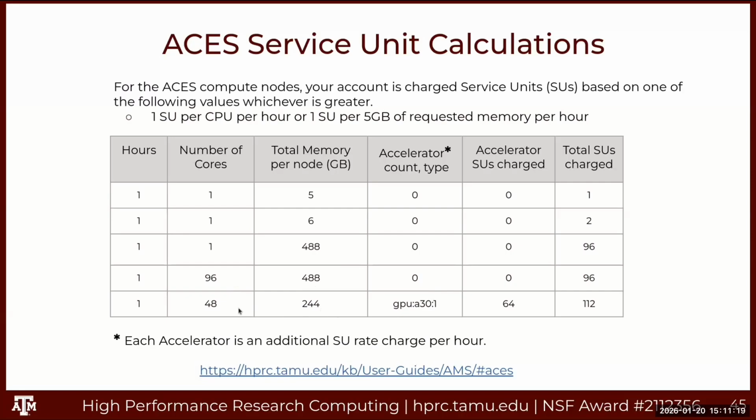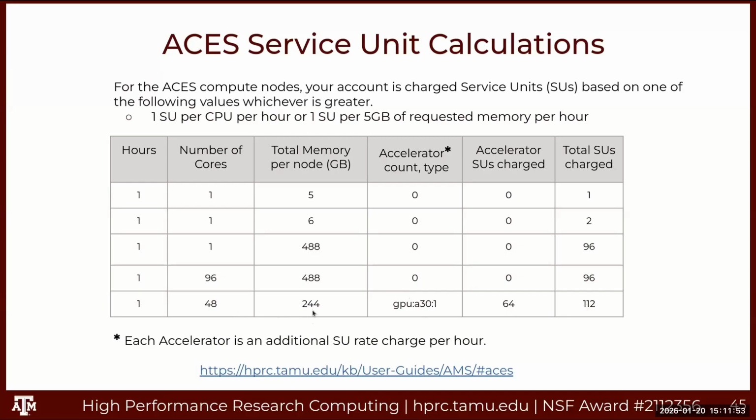Now, if you select a GPU, let's just say I'm selecting one A30. There's generally two A30s on compute nodes, so I'll reduce the amount of cores and memory to half. You'll be charged 62 service units per hour for the GPU, and then you'll be charged for the cores and memory. So basically it comes down to 112, the calculation of using one A30 and reducing the cores and memory.